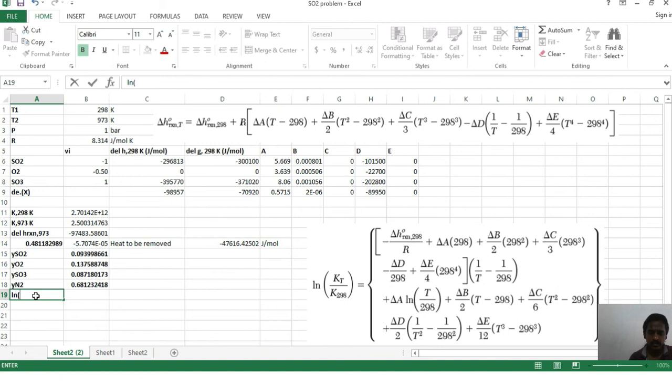Now let us calculate ln K973 by K298. Let us substitute the values in the formula.